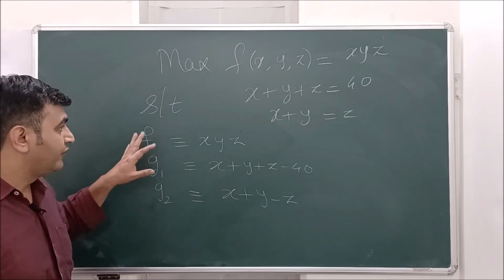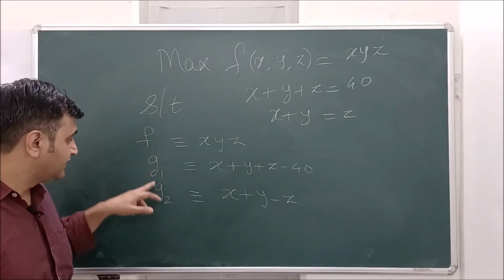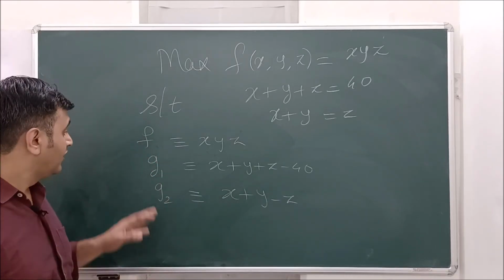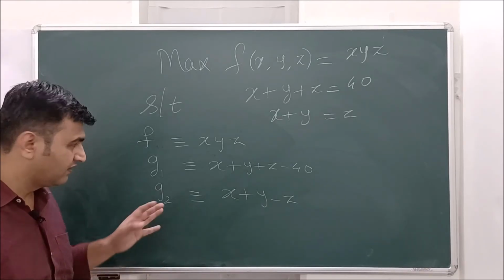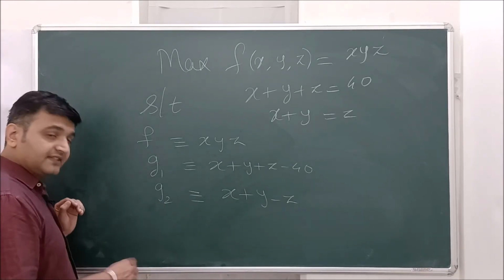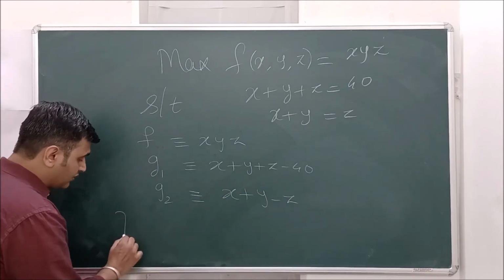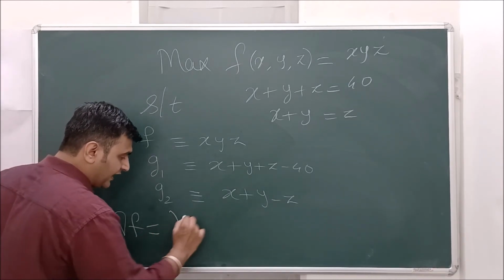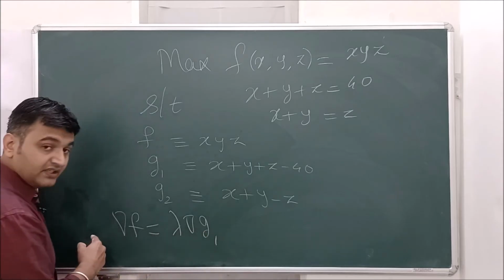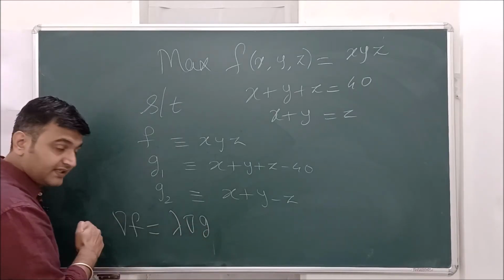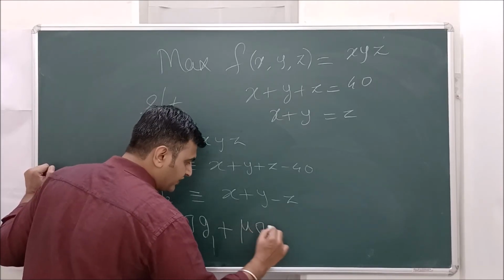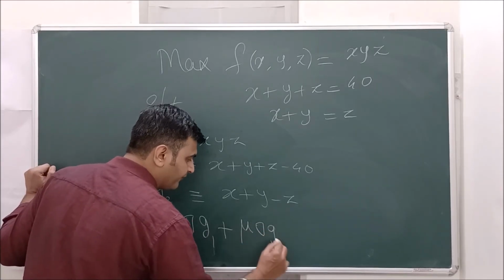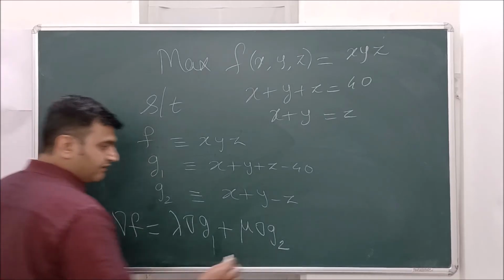When you have such a setup, f, g1, g2 should be differentiable. Grad g1 and grad g2 should not be parallel, which one needs while proving. In such a scenario, you simply solve grad f equal to lambda grad g1 plus mu grad g2. When you had one constraint, you only had lambda. Now with two constraints you have two constants, lambda and mu. This is one equation.